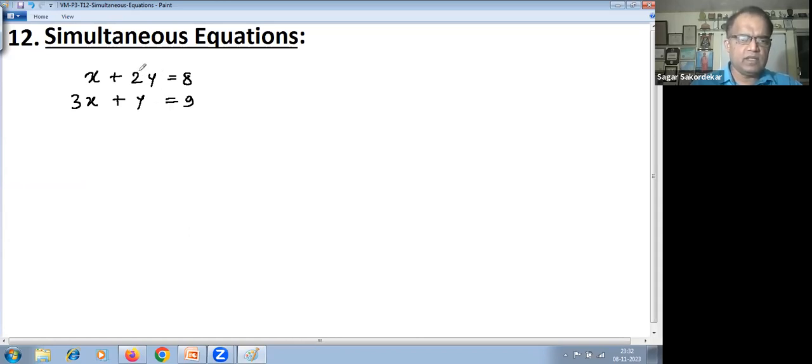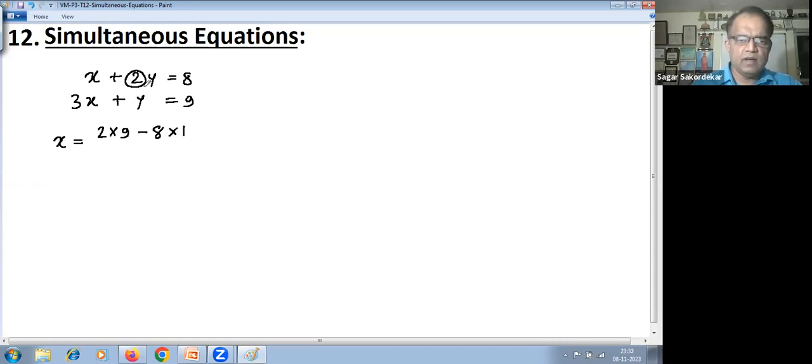So the method goes like this. You have to take this coefficient of y as a center point to find the value of x. We want to first find the value of x, take the coefficient of y as a center point and multiply like this. 2 into 9, cross like this. 2 into 9 minus this 8 into the coefficient of y here.